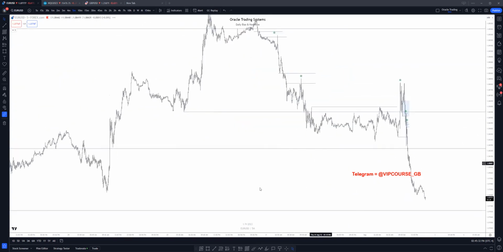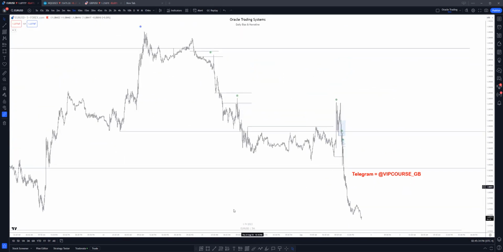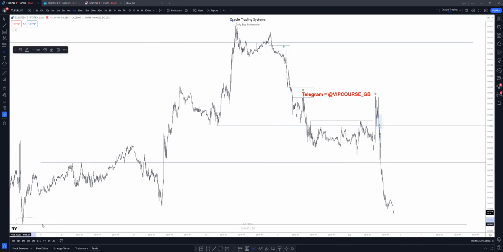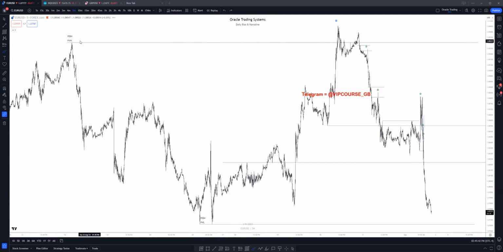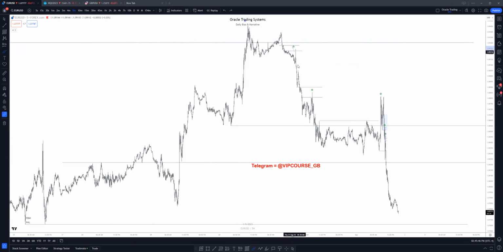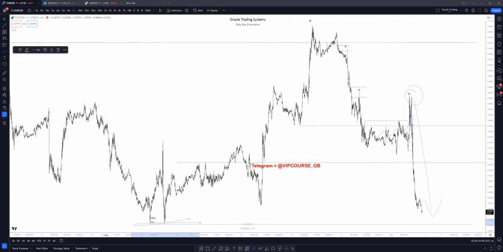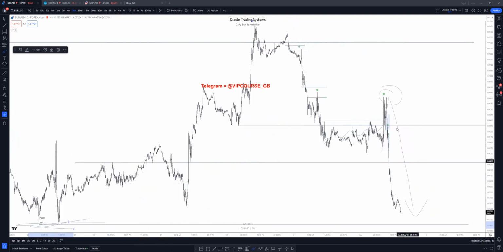Because we were able to track not only the weekly draw on liquidity, which is down in here, but also understanding where we've come from and that we've had the failure on the daily to close above the previous weekly high, closed bearish strong. So we're looking to get involved in that buy side wick formation to sell off for the rest of the day, leading into the end of the week and potentially to take that draw on liquidity.